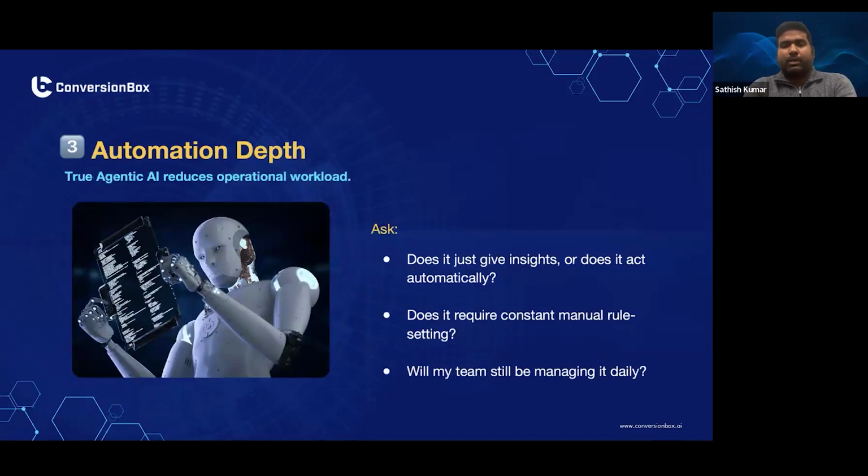And also the automation depth, like agentic AIs try to reduce the operational workload. What I mean is, for example, if you are implementing a search and merchandising tool, and that merchandising tool is going to be manual, if your team members always have to optimize the products and put the first product at the top manually, then it is not helpful.